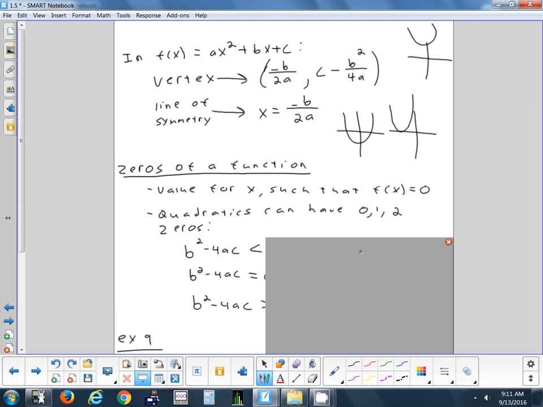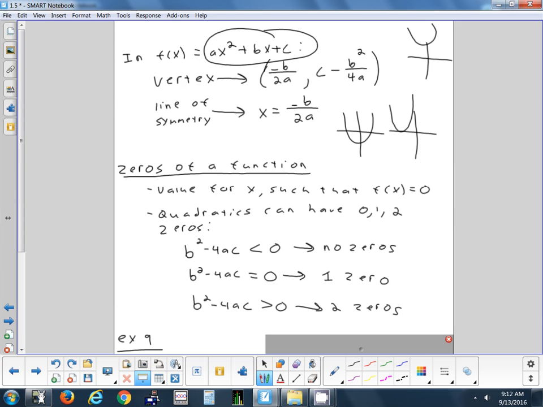If all they want to know is how many times this parabola crosses the x-axis, all you have to do is take your quadratic equation and find out what b squared minus 4ac is. If it comes out less than 0, the graph would never cross the x-axis. If it comes out equal to 0, it would cross it 1 time.